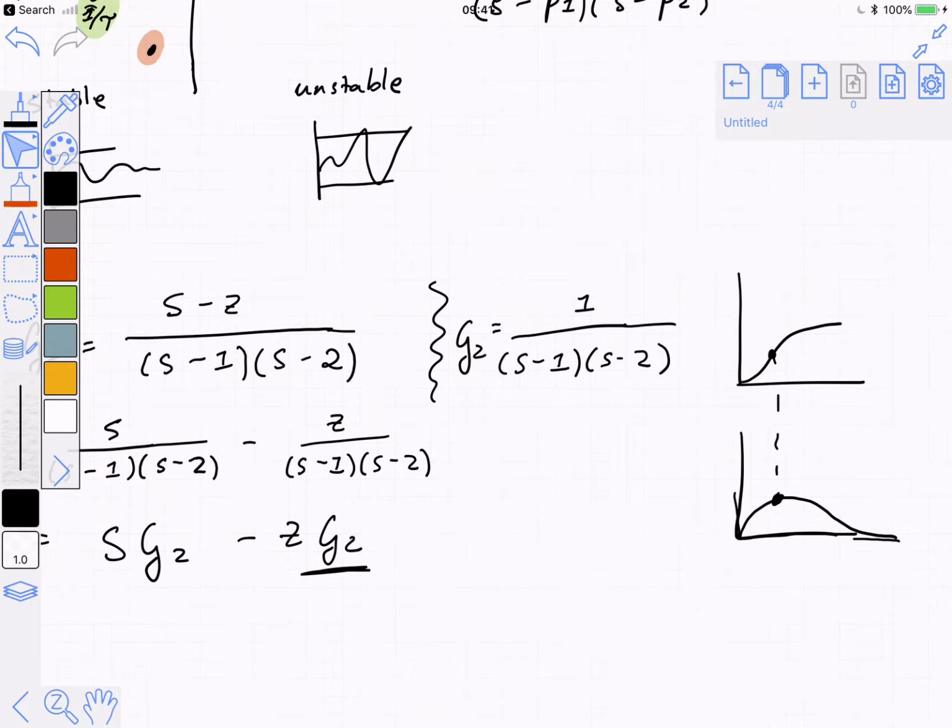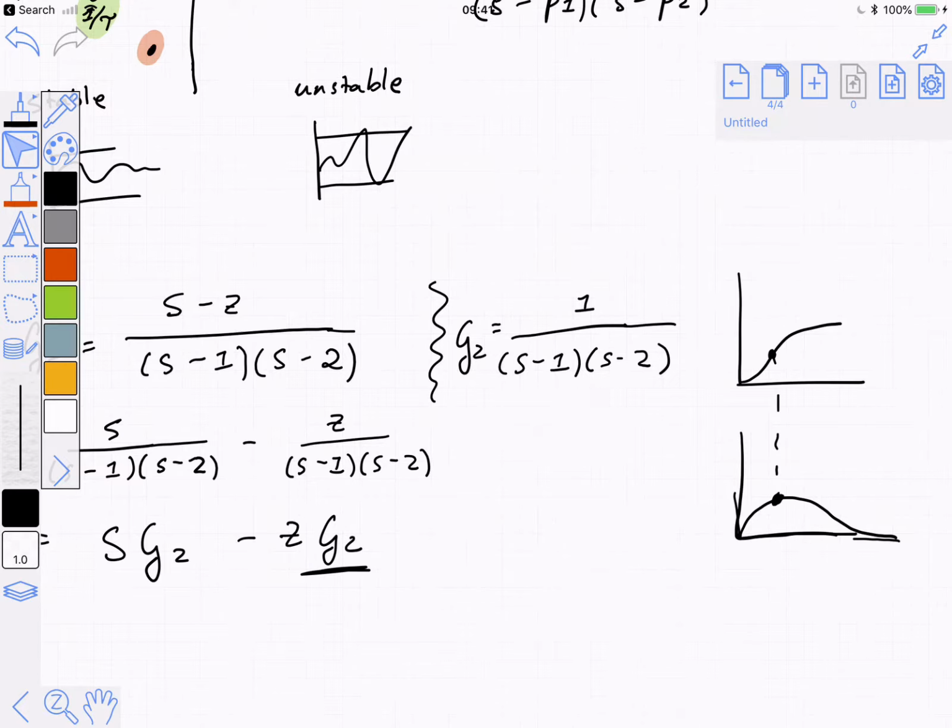That's the one thing I want you to understand: numerator dynamics add no new special behavior. If I know the denominator, the stability is never affected. The stability of a system is never affected by the numerator, because I always start with that base.